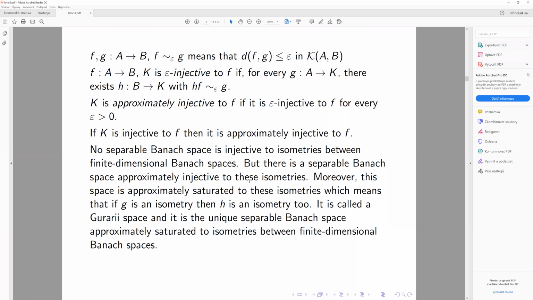The first thing is that cancelable is replaced by approximately cancelable, which you have described here. Which means that if you have a given morphism in this class, and you have another morphism, then for any epsilon, that epsilon factorization belongs to this class as well. So in particular, it's left cancelable, because this is more general, so you have it immediately.